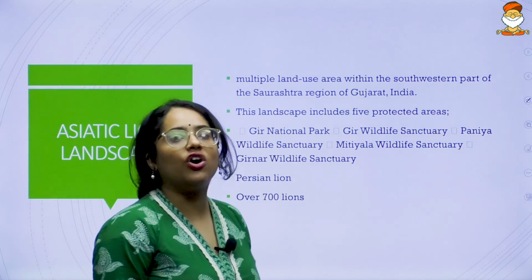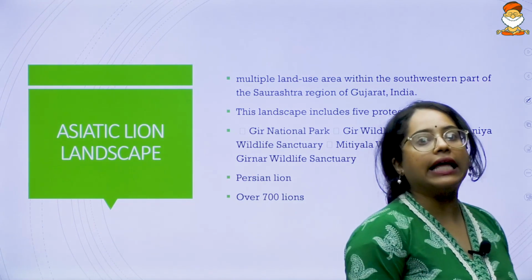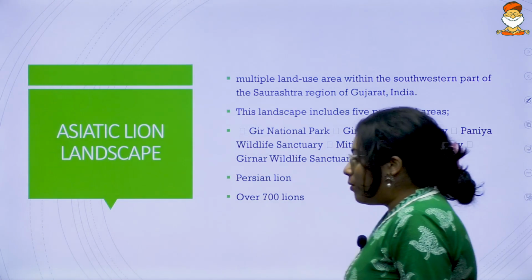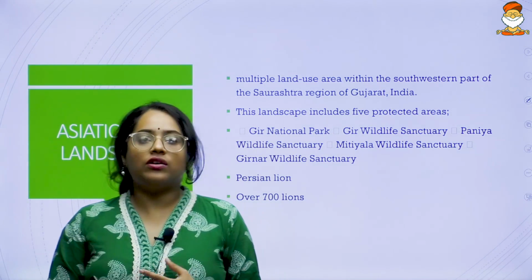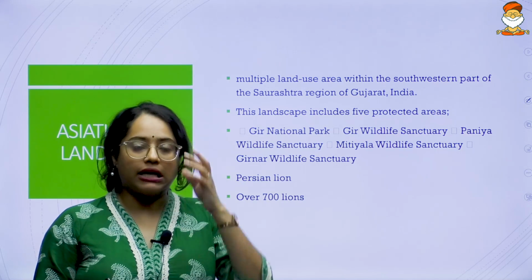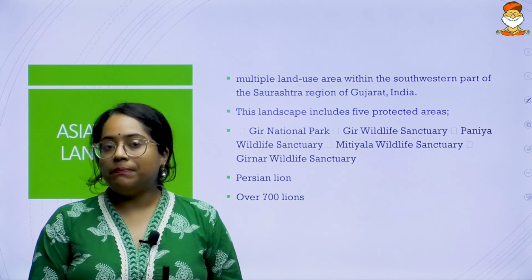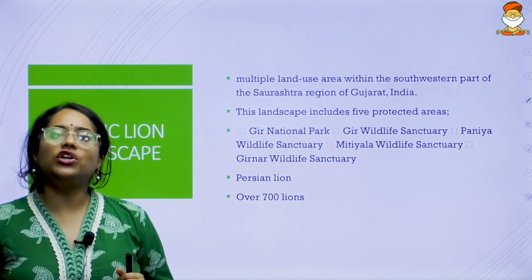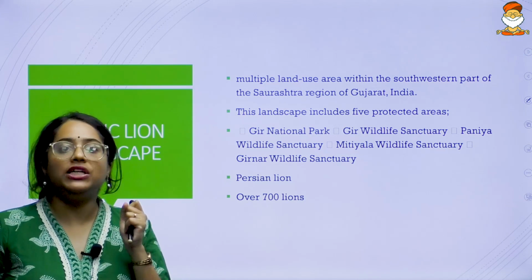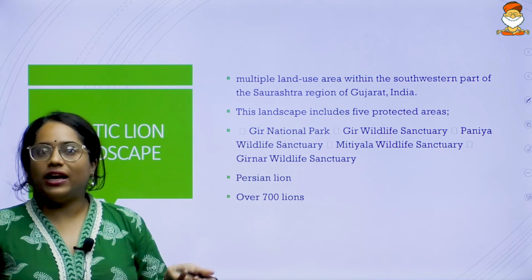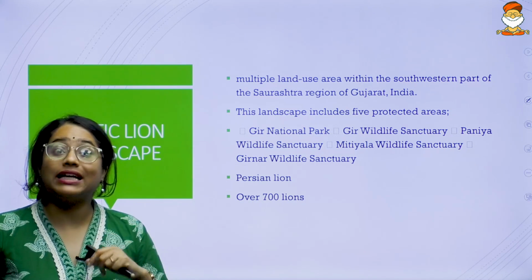It's something called the Asiatic lion landscape. See, in India, we were focused on protecting different species, but over time, instead of just protecting one species, we look at the entire land area where it occurs, and then we try to protect that land area.